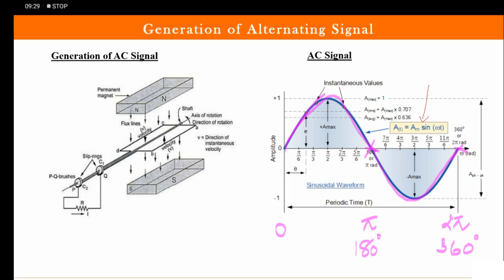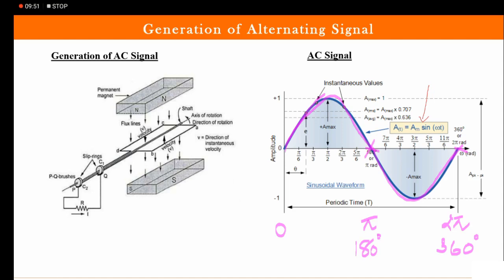Okay, so it is starting at 0, completing half cycle at 180 degree. Remember, 0 to pi or 0 to 180 degree is called half cycle. Fine. And it is completing one full cycle at 2 pi or 360 degrees.